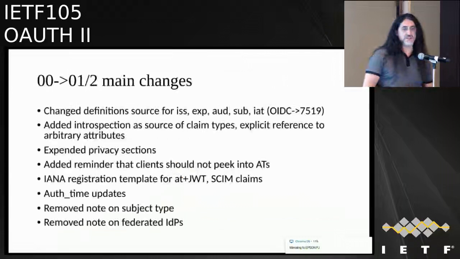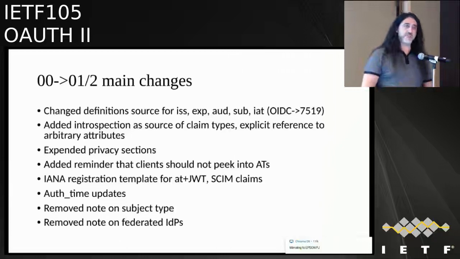All right, so summarizing the changes since the earlier episodes. At first, all the claims in there mostly had their source mapped to OpenID, and instead we changed these to actually go all the way to the JWT specification, which makes more sense.